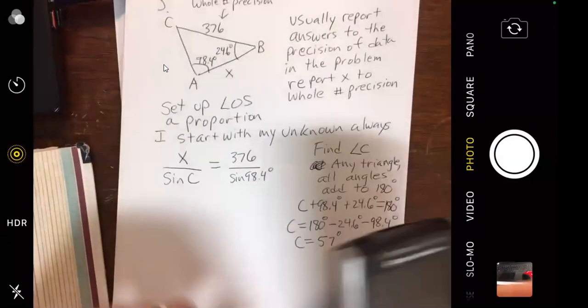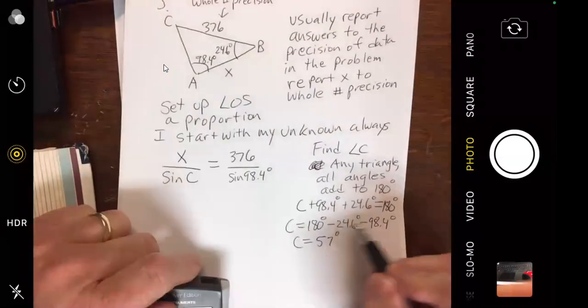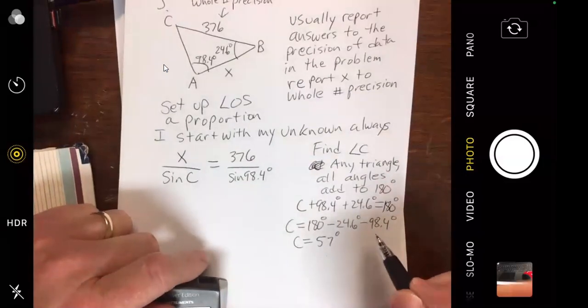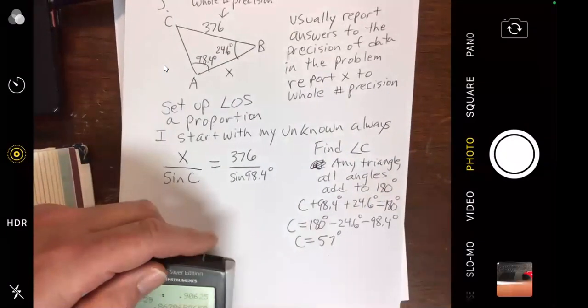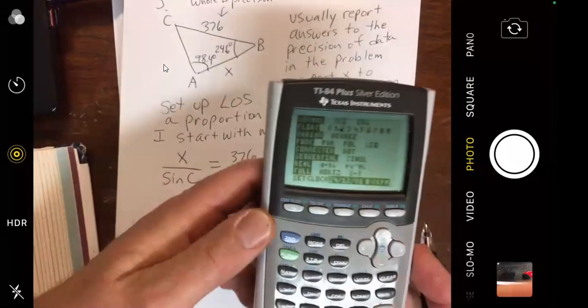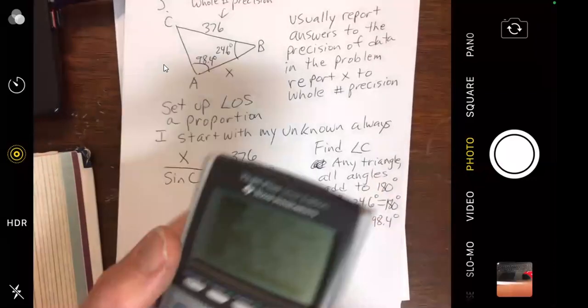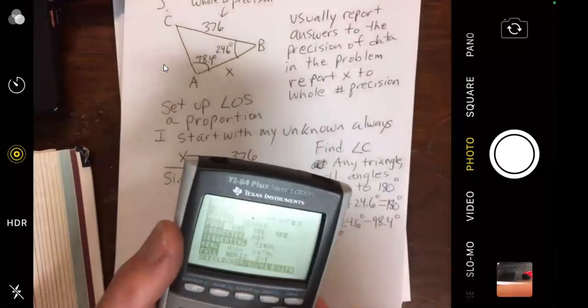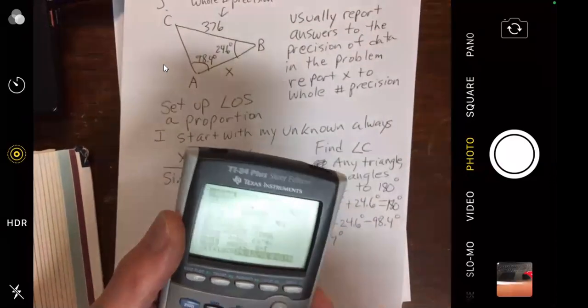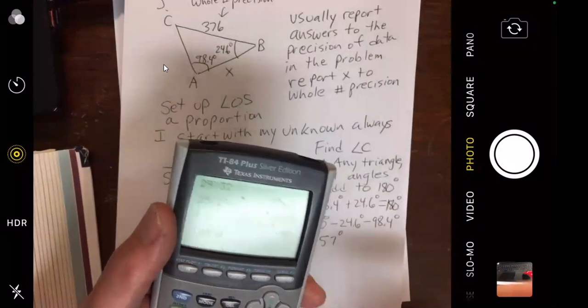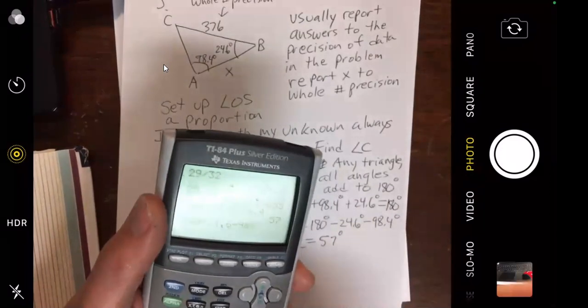Interesting thing about the calculator, by the way. Notice I used the degree symbol. Do you have to be in degree mode or radian mode to do this? People always get tripped up about that. Notice I was in radian mode, but I still got this. Let's do it in degree mode. 180 minus 98.4.